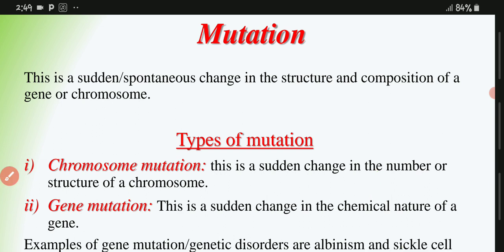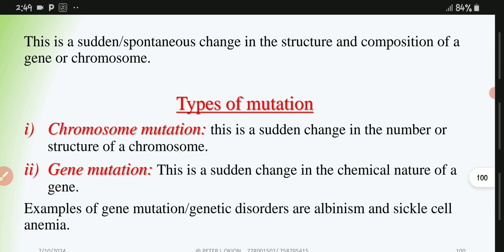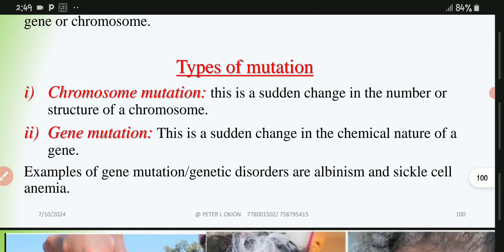After understanding the definition, we can go ahead and look at the types of mutation. Under types of mutation, at this level, we normally look at two types. One is called the chromosomal mutation. It simply means a sudden change in the number or structure of a chromosome.